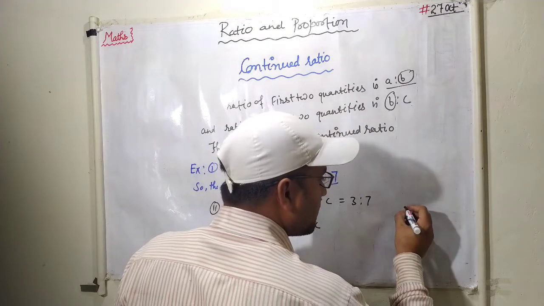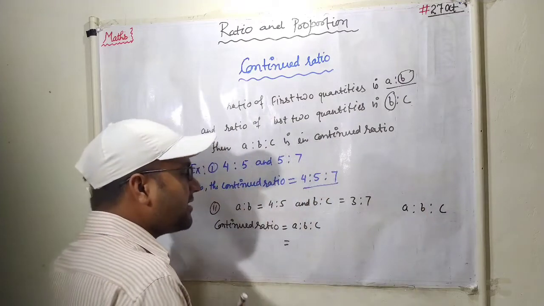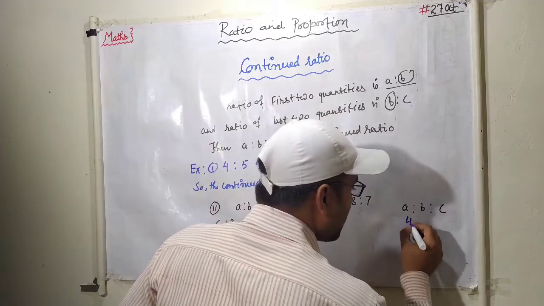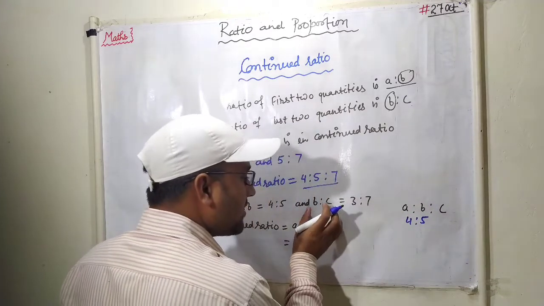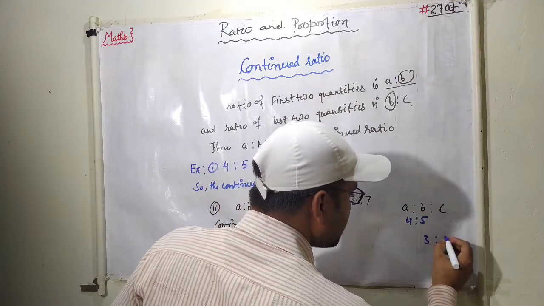Here is one trick for you, students. A ratio B ratio C. First you write A ratio B, the value is 4 is to 5, and then downside you write the value of B ratio C, that is 3 ratio 7.